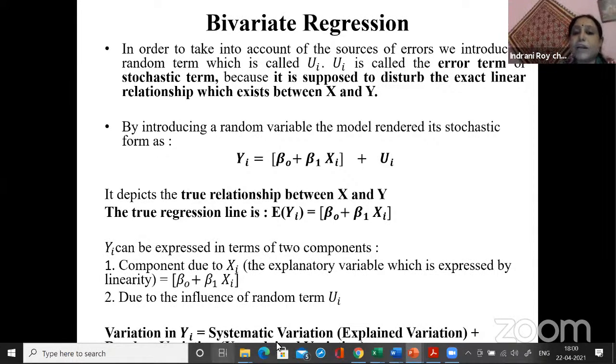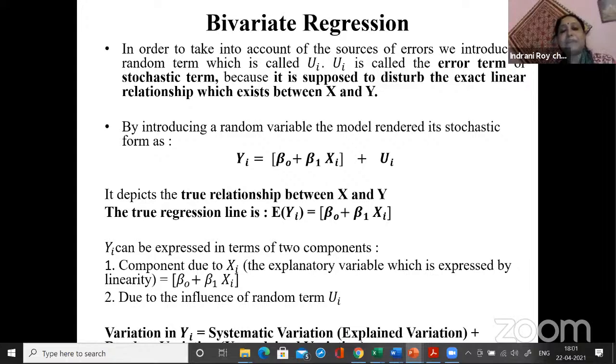Okay, so when you are conceiving this, you are expecting that the true regression line is beta naught plus beta 1 xi. So we write the expected value of yi. Why do we write expected value? That means we say that on an average, y and x should be behaving like this in the population.